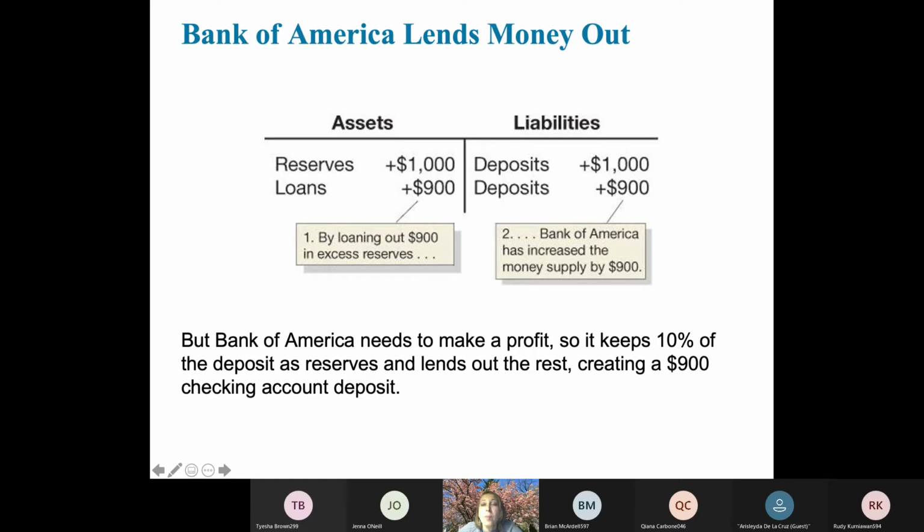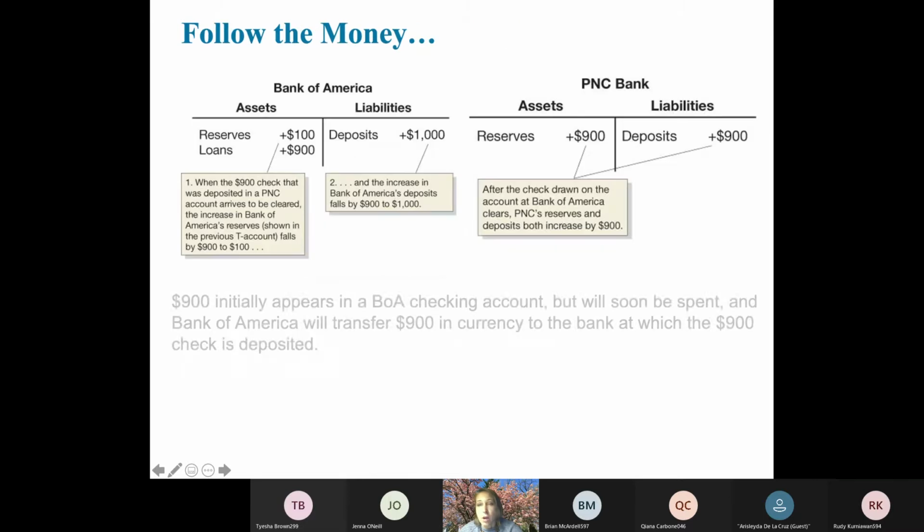Okay, so mom and pop go out and say, yay, great, we can buy ourselves a new pizza oven because we own a pizza shop.